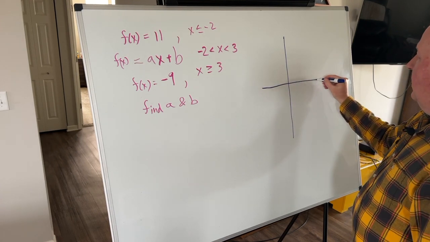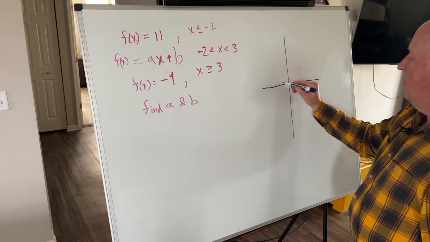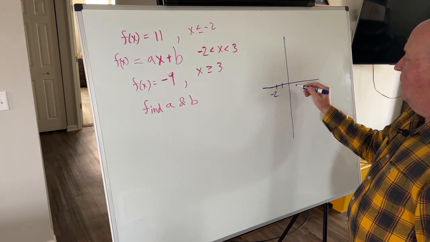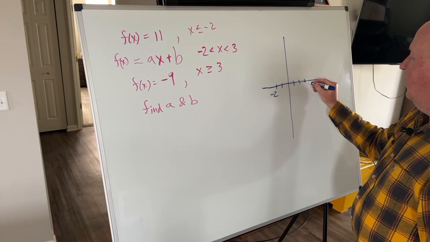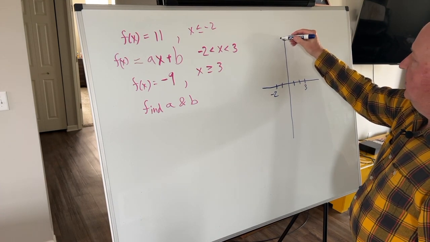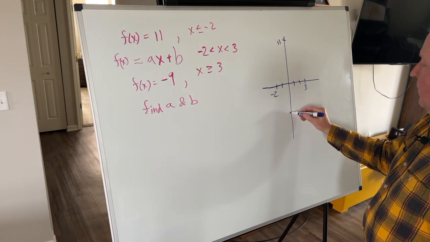It's not going to be in proportion, but I'm going to mark off negative 2, and then 3, and then 11 up here, and about negative 9 down here.